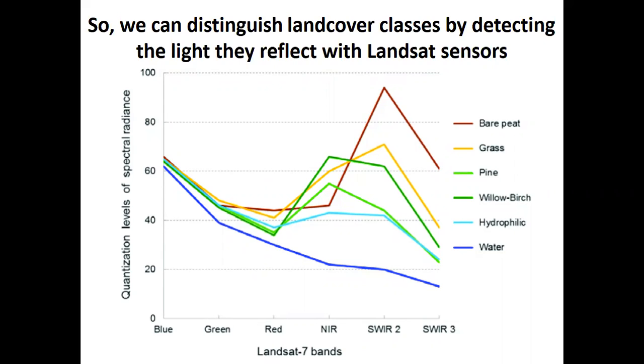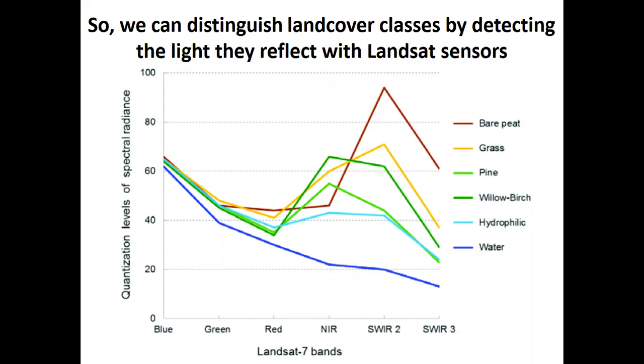But also see, if we take a look only at visible lights with blue, green, and red, the difference in the intensity of reflected radiance is not so significant. But in this invisible infrared part, different objects reflect the sunlight really differently.